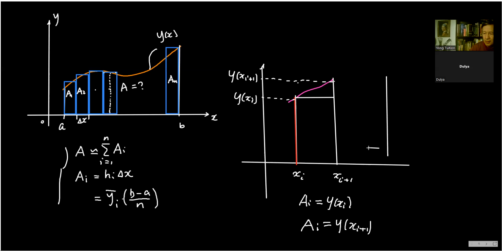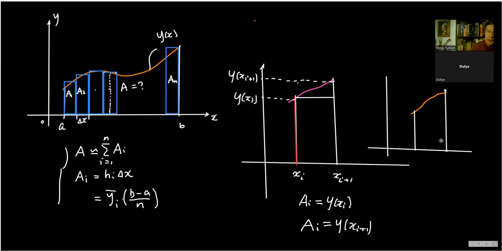Can we just draw this diagram again? So here we just focus on this particular slice, you see, right? And again, we need to use an approximation to describe this irregular area. Okay.